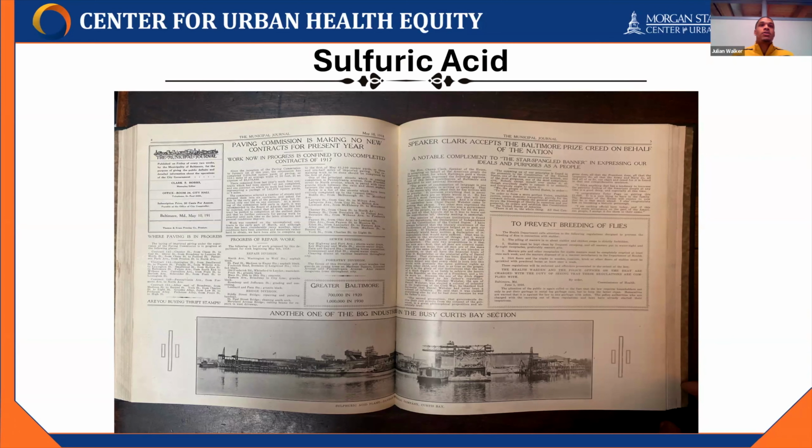Because if you look at the redlining map, these industries were placed in areas that were red and yellow lined. So that is to say that it was targeted. And so that is why now we'll move forward. I don't want to jump the gun, but this is just showing sulfuric acid, emitting toxic pollution.